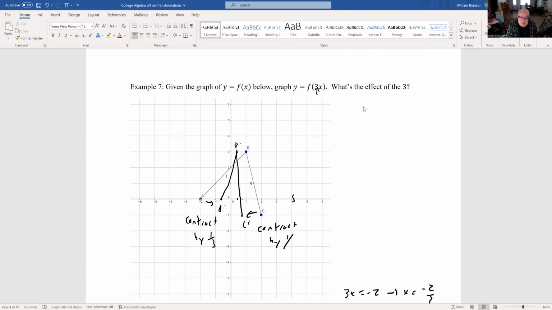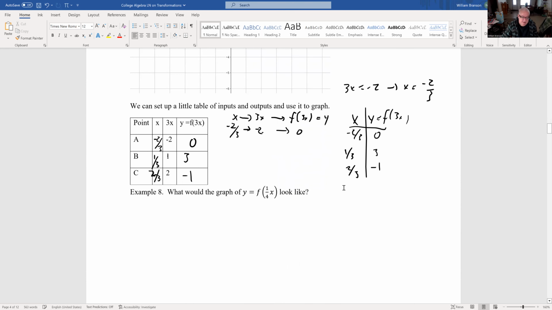So having a 3 there means contract towards the y-axis by 1/3, not by 3.